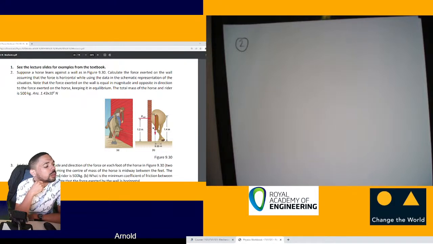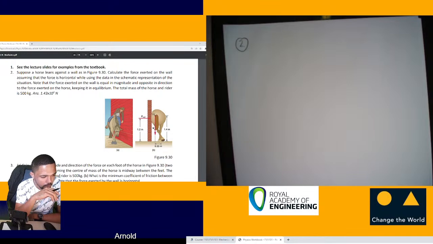So we need to calculate the force exerted on the wall, assuming that the force is horizontal. So we need to calculate the force exerted on the wall given the information there.